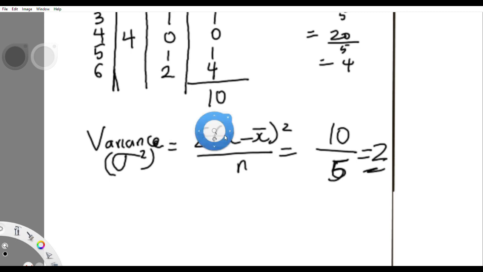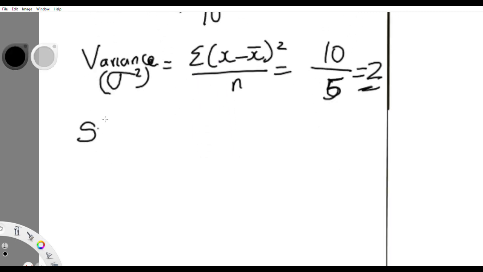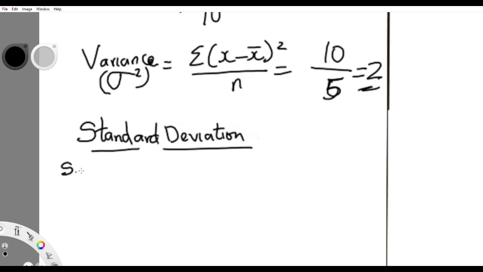Okay, now let me talk of standard deviation once and for all for ungrouped data. Standard deviation, the notation is just sigma, equals square root of variance.